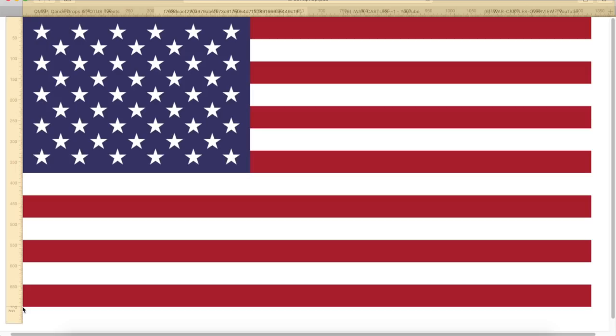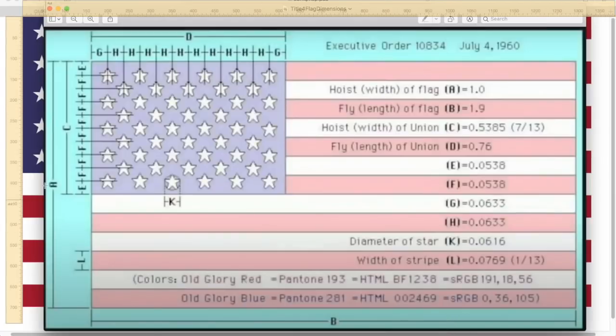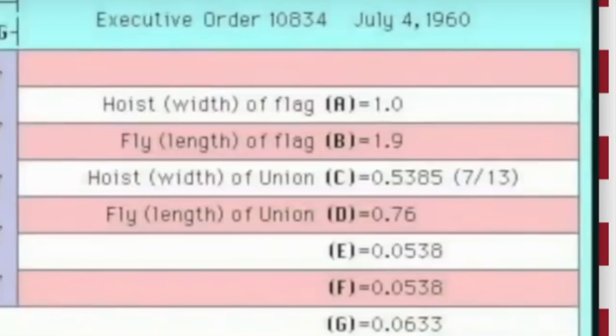Okay? The next measurement we're going to look at is from the left of the flag to the right of the flag. Okay? So we go back to here. A equals 1. B, which is left of the flag to the right of the flag, is 1.9. Okay?